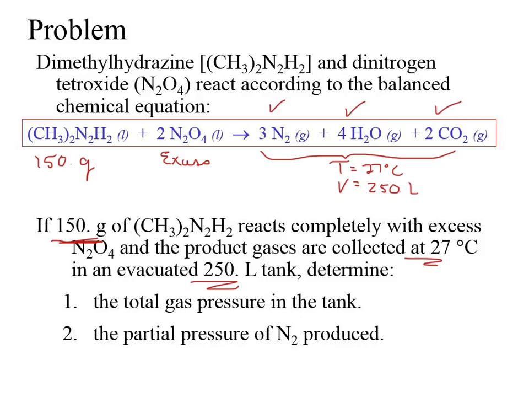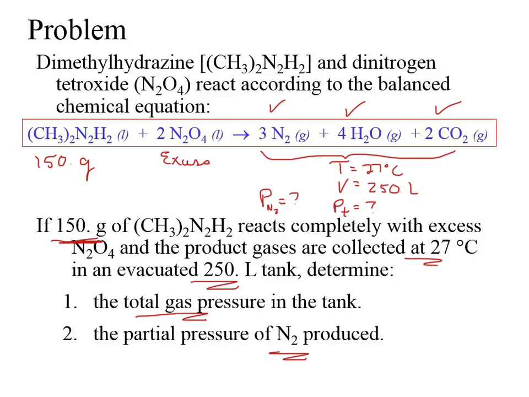So we're supposed to come up with the total gas pressure. So PT is equal to question mark. And we're supposed to knock out the partial pressure of one of the products. P sub N2 is equal to question mark. Now, we did stoichiometric calculations.